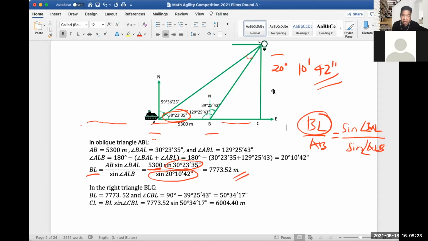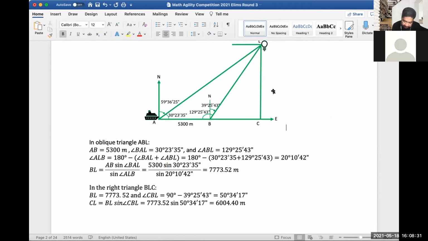So in the right triangle BLC, where is BLC? The other triangle on the right hand side. So let's clear this again. BLC is this triangle here, and this is a right triangle, so this is 90 degrees. BL, we already solved it at 7,773.52, right?